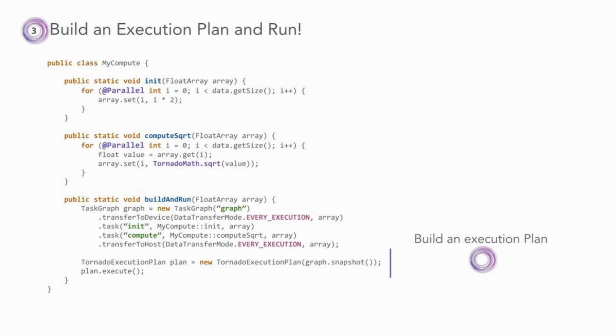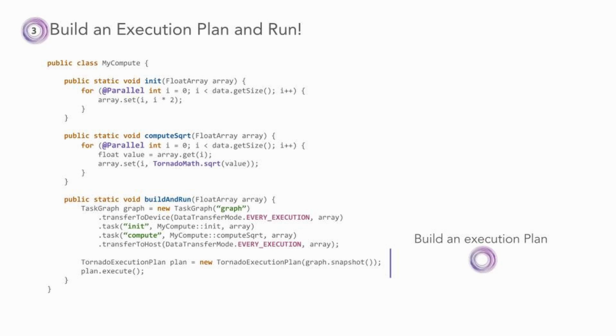However, it might happen that the GPU is running and you are still appending data and code. That could create a kind of inconsistency in the runtime, in memory, and it could even create crashes. So to avoid this, we can have an immutable task graph.